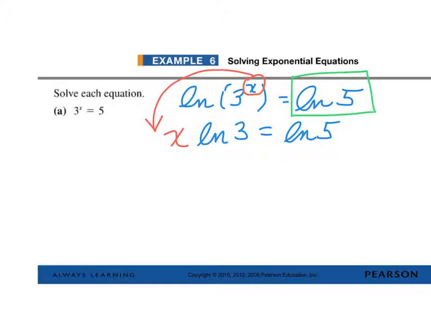And then keep in mind, just as the natural log of 5 was a number, the natural log of 3 is also a number. And so in order to remove the natural log of 3 from the x to solve the equation, we can simply divide by the natural log of 3.